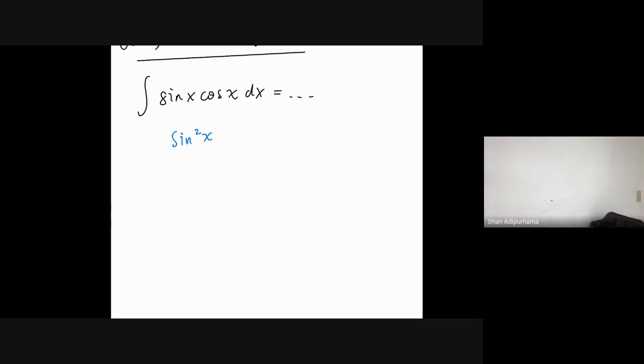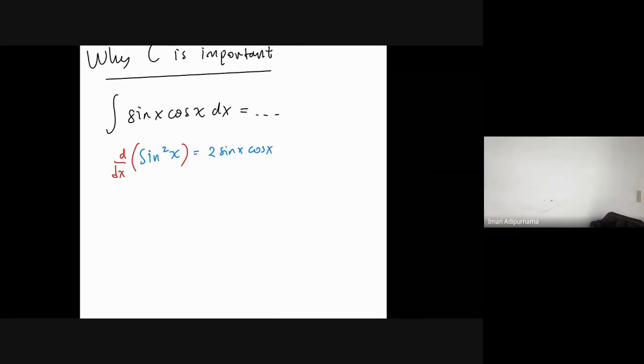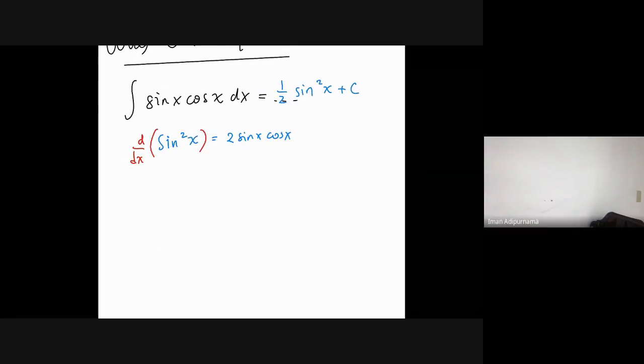The first one, try this. Let's differentiate this and it becomes 2 sine x cos x, right? So we can write the answer is half sine squared x plus c. But we can also have the cos squared, right?